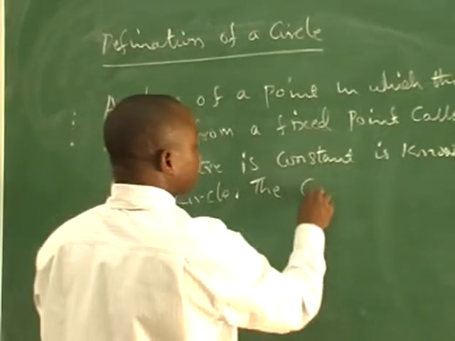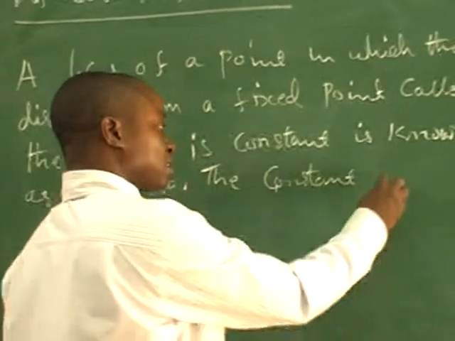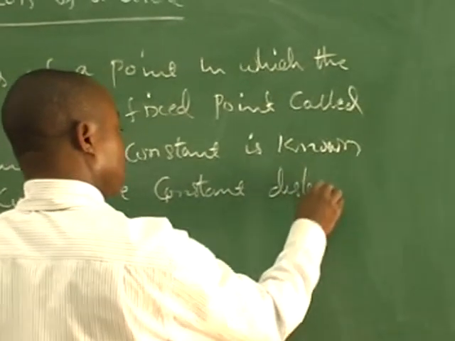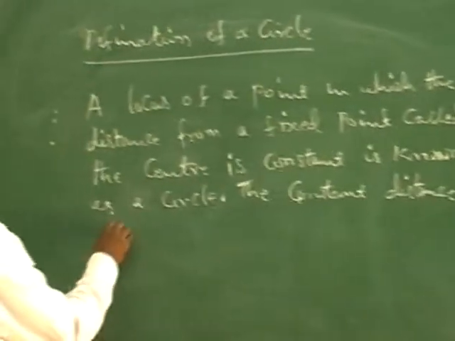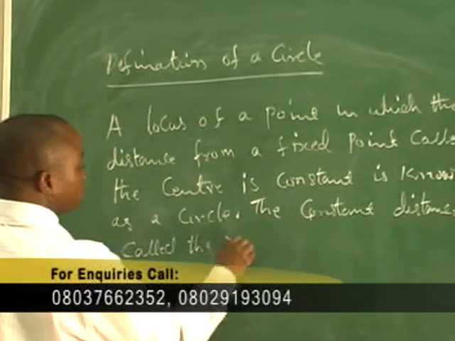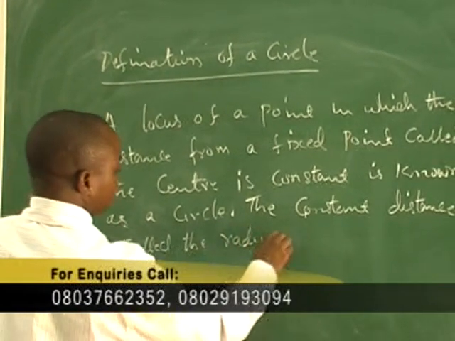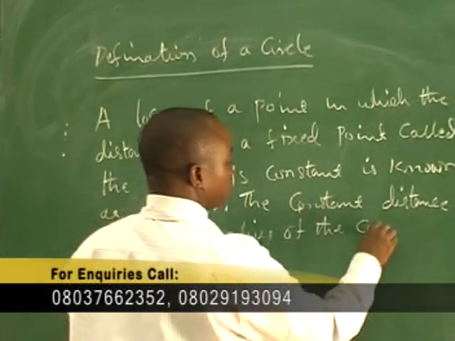The constant distance is called the radius of the circle.